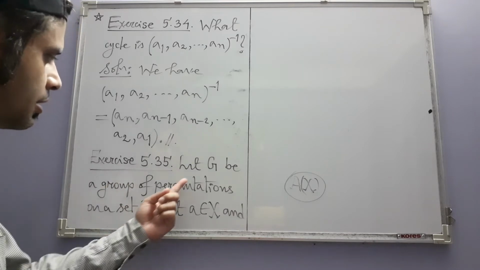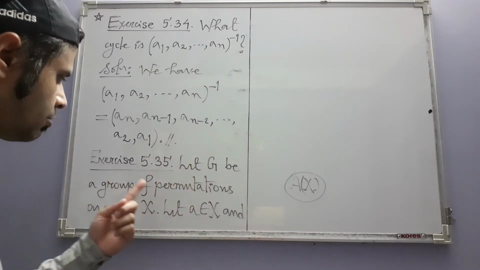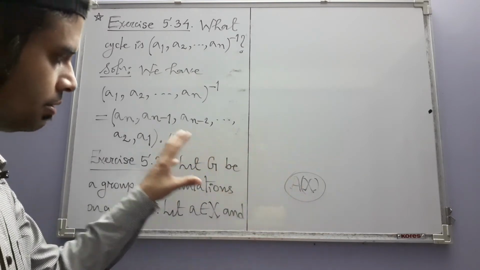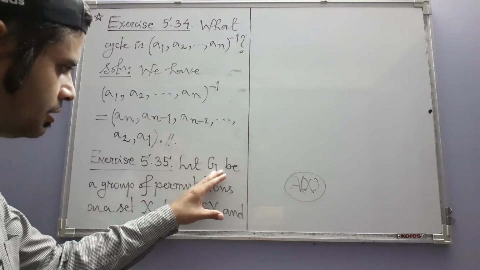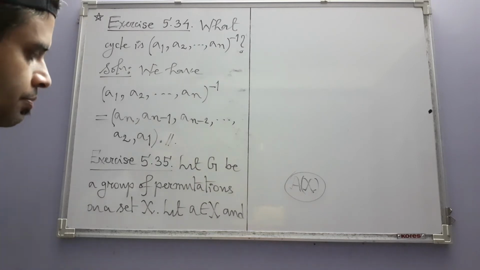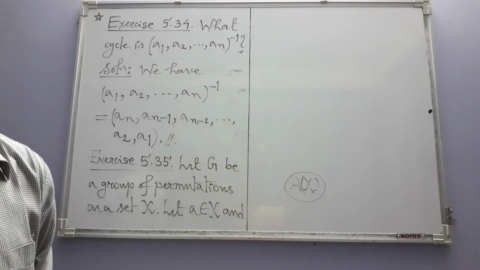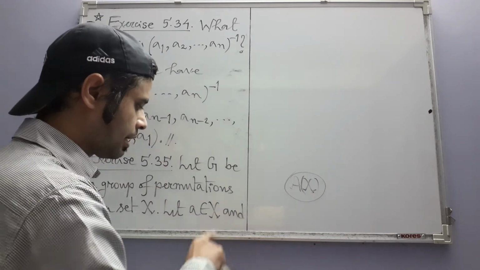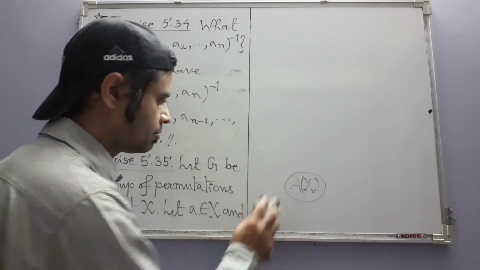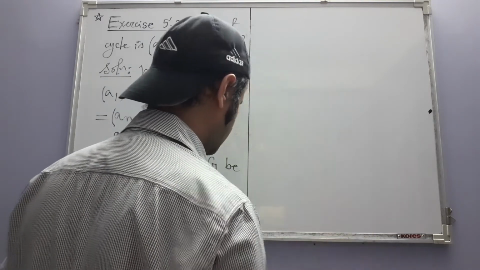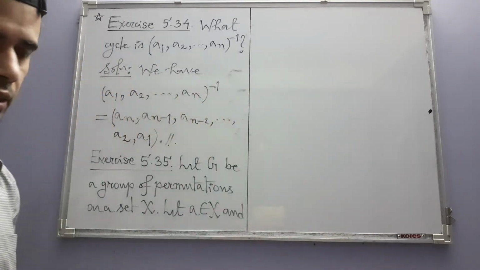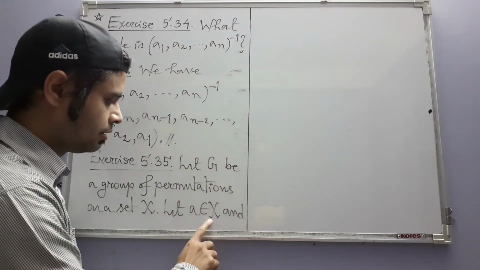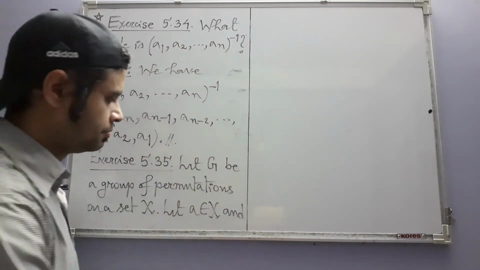Now what this one says is that G is a group of permutations, not necessarily this one. What that simply means is that G is a subgroup of this and A is an element in our X. So normally we write capital S in place of X. This time around we are writing X. And keep in mind that this X, unlike the things we have seen so far, may be infinite also.